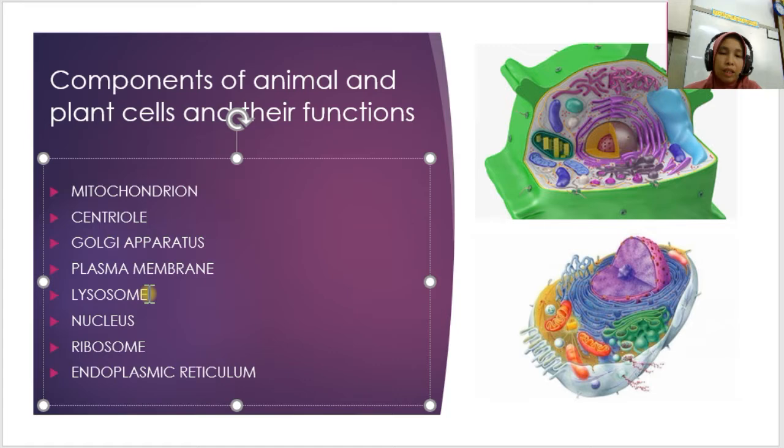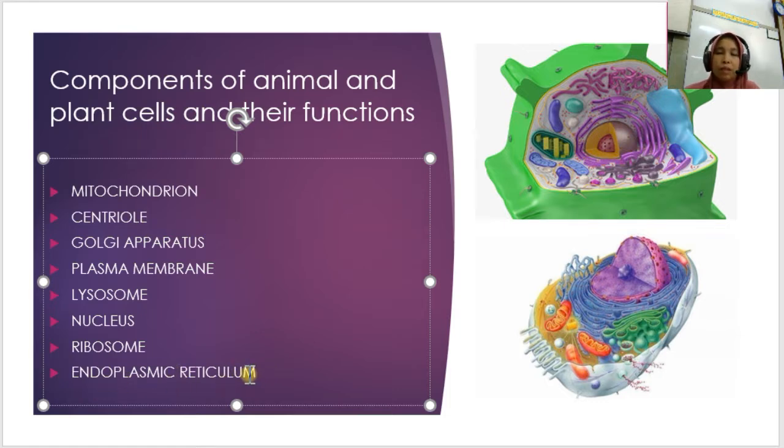Number 5, lysosome. Number 6, nucleus. Number 7, ribosome. And the last one, endoplasmic reticulum.